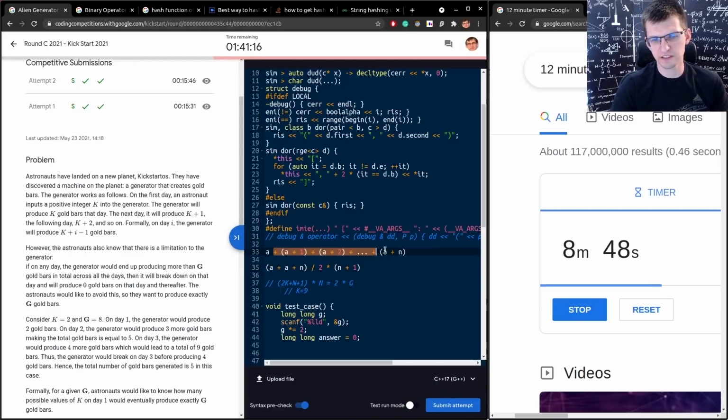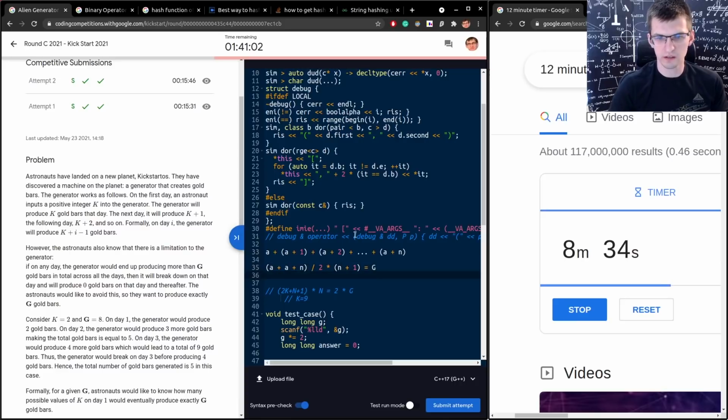I modified this a little bit to say that, well, let's consider actually that the first number I name k plus 1, not k, and then the formula changed a little bit, but even going like this, I know that this must be equal to g, I move 2 to the other side, and I have this times n plus 1 is equal to twice g.